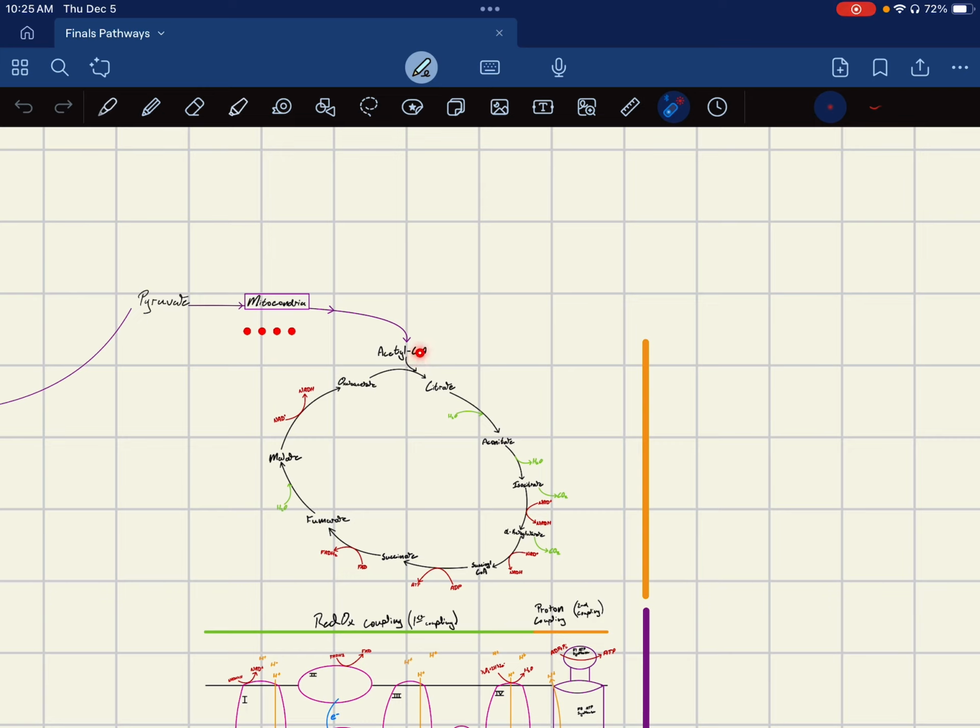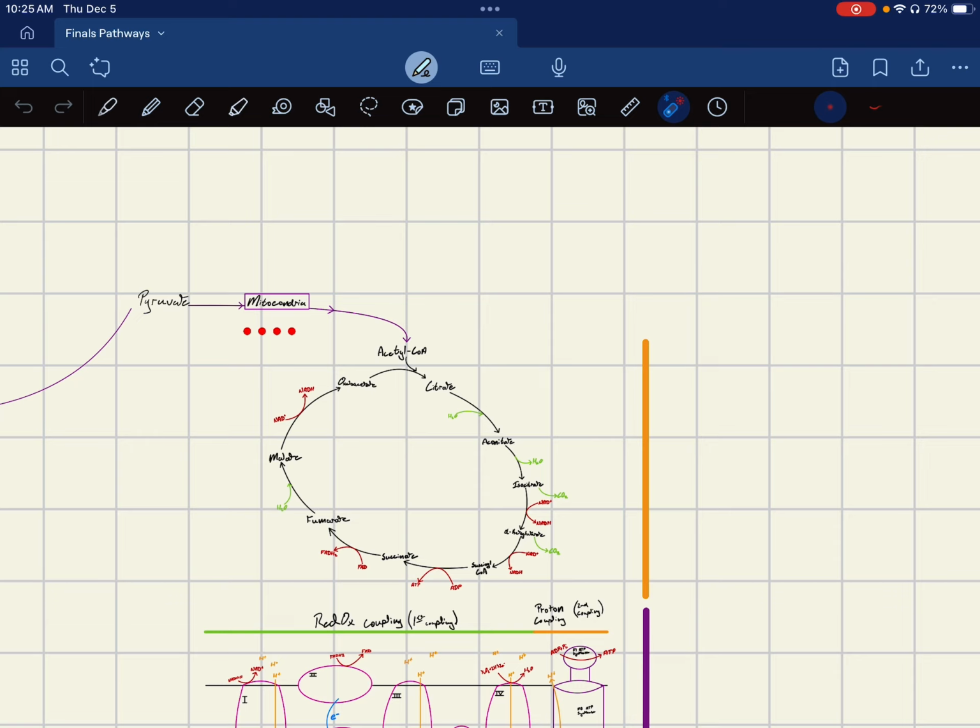Then when we look at the energy production from this, we can look at the NADH and FADH2 that it produces, at these junctions right there. These are important because they are electron carriers that transfer energy to the ETC, which is generating ATP.